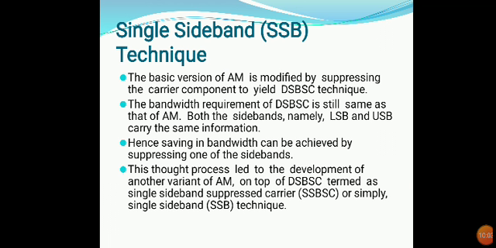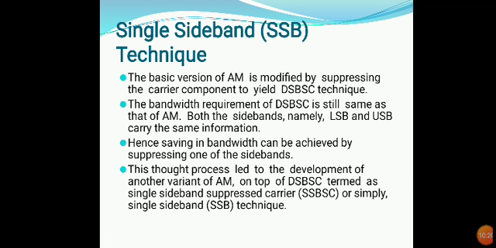The only difference is in the frequency. The frequency of the lower sideband is fc minus fm and that of the upper sideband is fc plus fm. But the information is the same. Information is basically in the instantaneous change in the amplitude, and that is the same for both sidebands. It is mVc by 2, right?